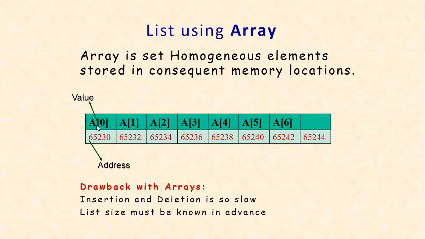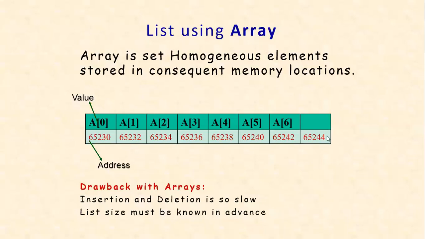So here the memory for A is allocated. 65230 is the address of the first element, and as I told you, I am storing an integer value. So the next address may be after 2 bytes, because integer occupies at least 2 bytes. If we assume that integer takes 2 bytes, then the next memory location will be 65232. Then the next memory location will be 65234.